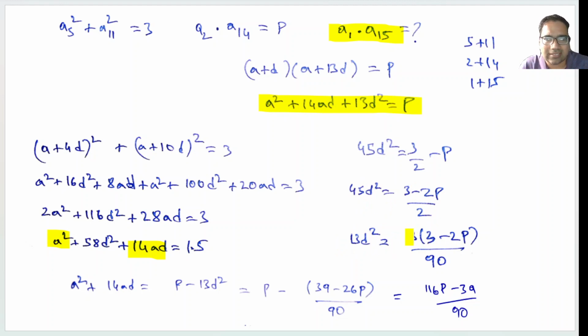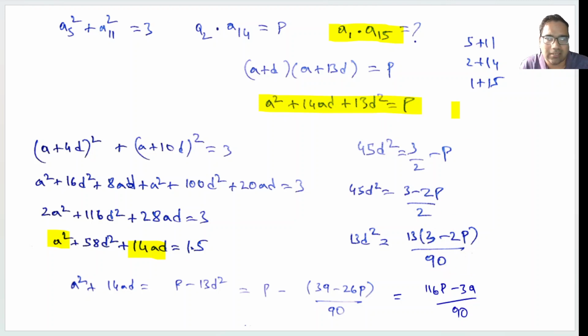Now what we want is A square plus 14AD, because A1 into A15 is A1 into A plus 14D. That is A square plus 14AD only. So A square plus 14AD is P minus 13D square. What is 13D square? 13D square is 13 into (3 minus 2P) by 90.